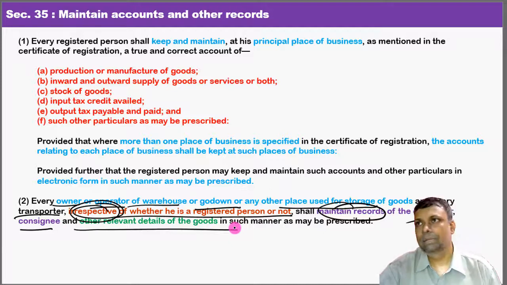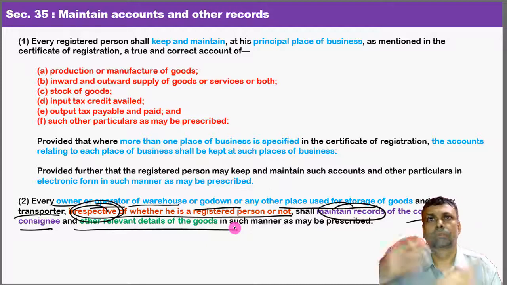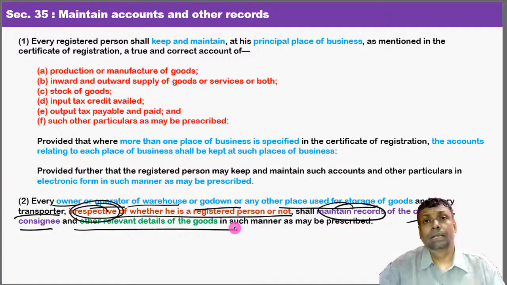In other words, for example, your goods are being stored in a warehouse and you are the owner of a warehouse. See, actual goods are in your custody logically. Of course, it is on behalf of someone else, but actual goods are under your roof and you are a warehouse operator. So the law says that whether you are registered or not registered, the goods are under your roof.